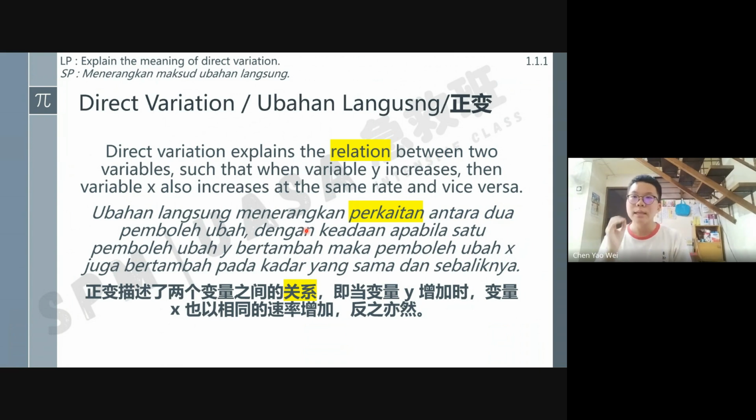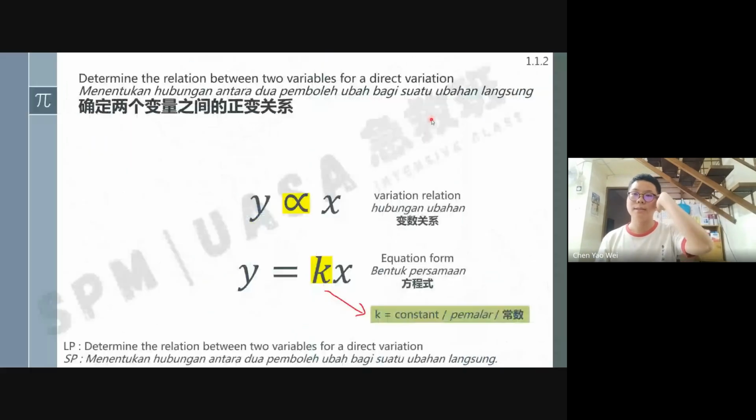And when we want to represent the variation, how do we say that? We have the equation here. When we want to represent that relation, we say y is directly proportional to x.